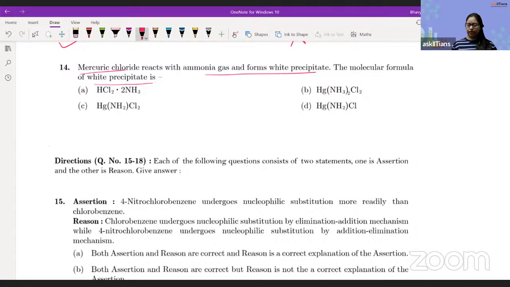Mercury chloride reacting with ammonia. Any such way? Or was it in any sort of cell which we have? Did you have any sort of cell where this sort of thing can be used?